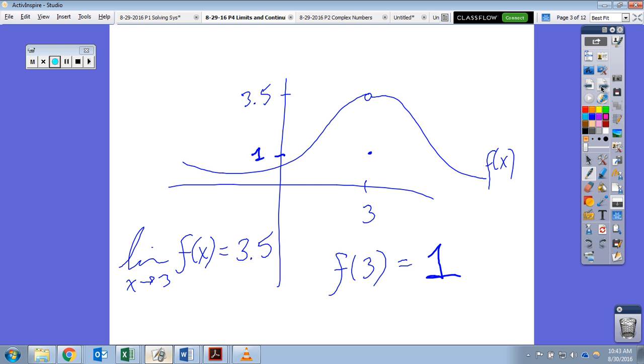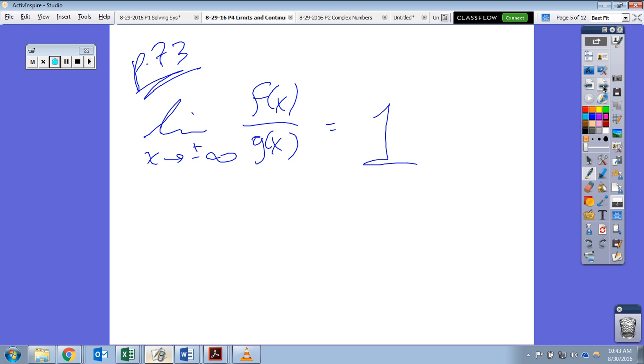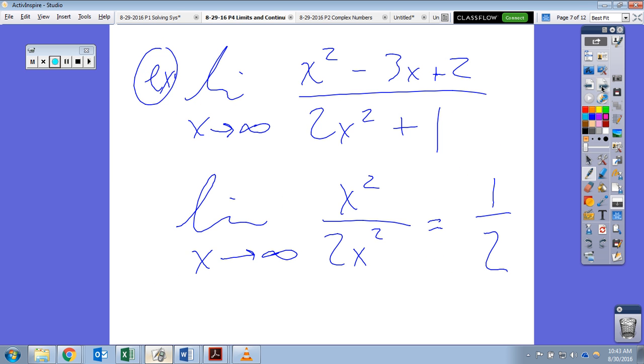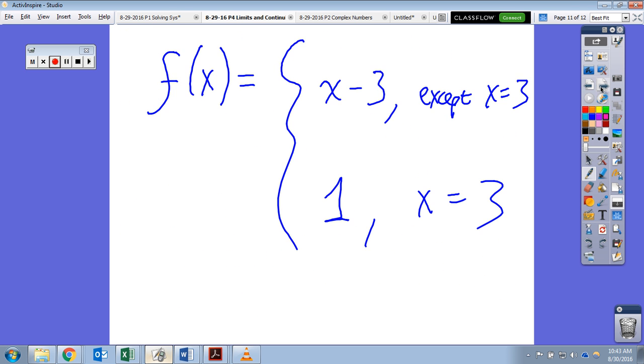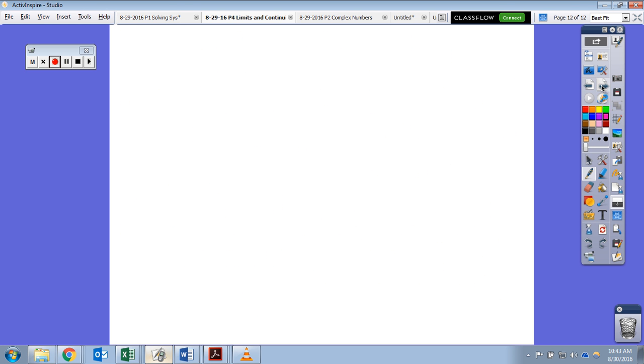Hope asked if there is a horizontal asymptote, does that mean it's discontinuous?